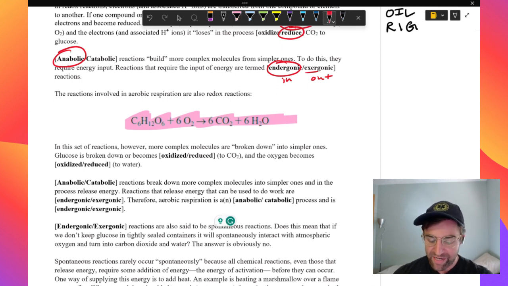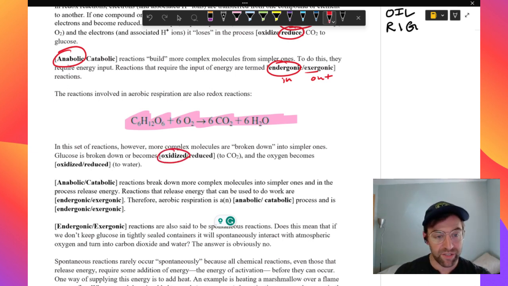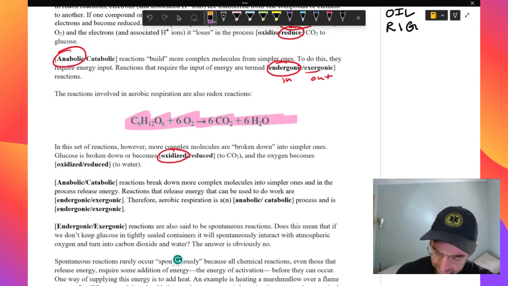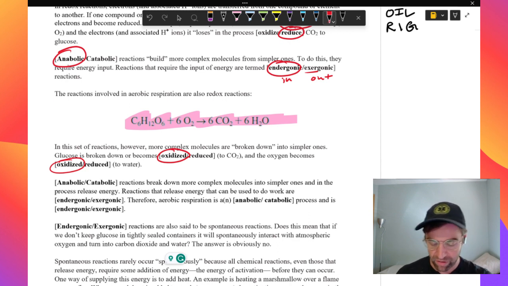So in this set of reactions, however, a more complex molecule is broken down into a simpler one. Glucose, which should look familiar from the equation above, is broken down, or becomes oxidized, to CO2, and the oxygen becomes reduced to water. Yeah, because we're building up a larger molecule.